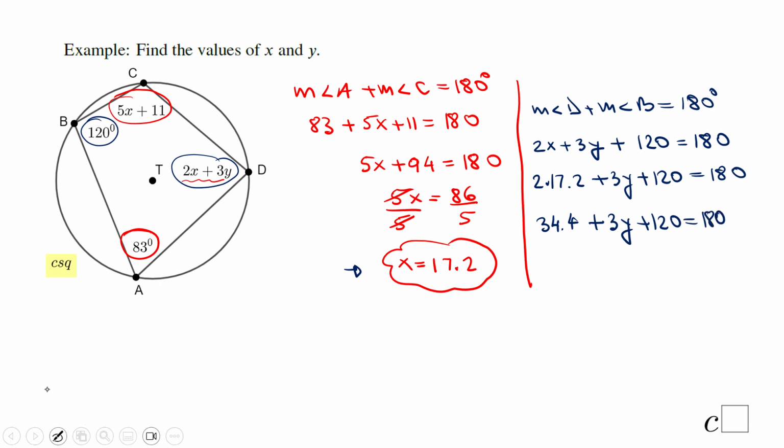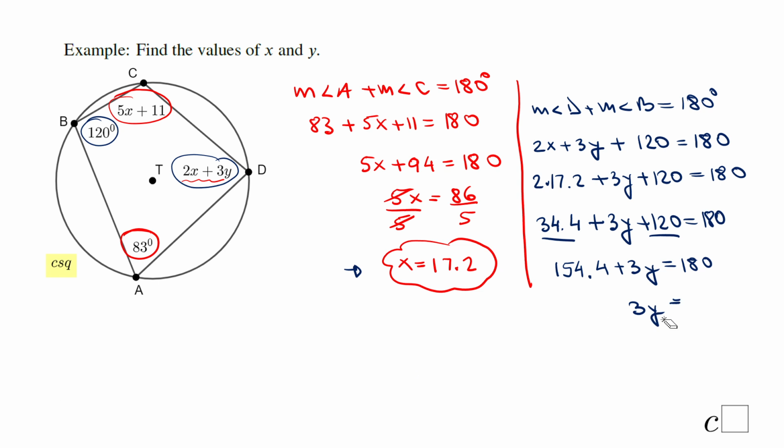Let me erase a little bit here. This is the number 4. So now we can add these two, they are alike. 34.4 plus 120 will be 154.4 plus 3y equals 180. We're going to subtract this 154.4 on both sides.